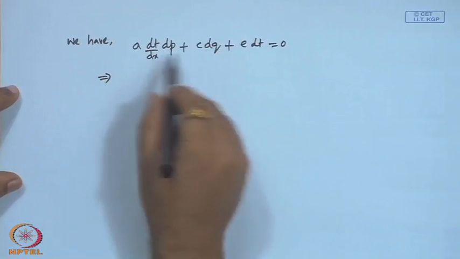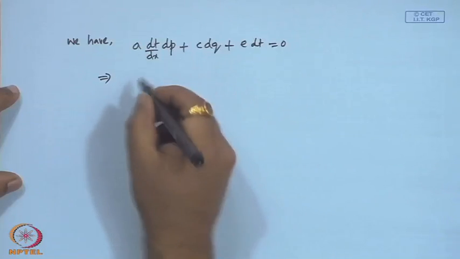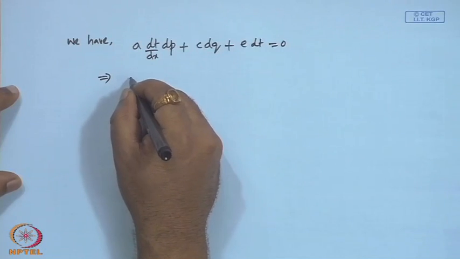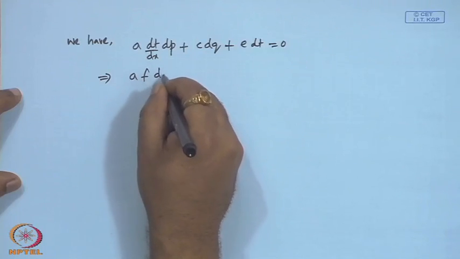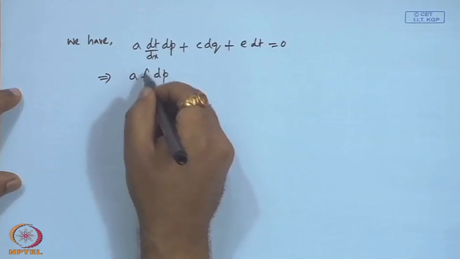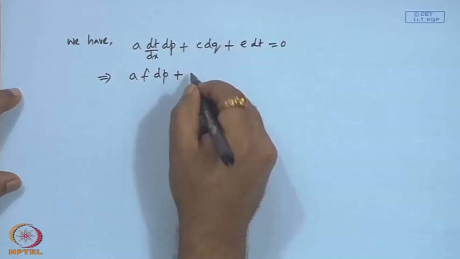So, this is a relation which we had, f dp, because this is f characteristic I have substituted.